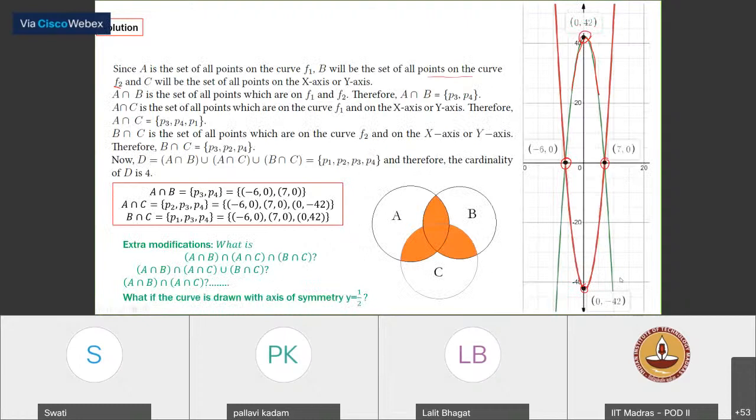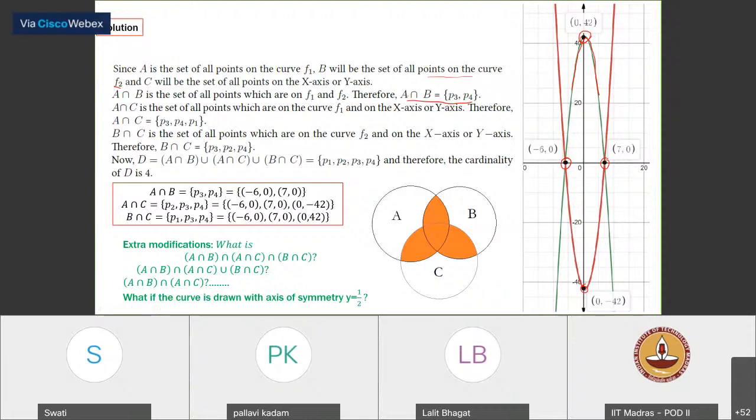Then we note down the A union B, A union C, or A intersection B. So A intersection B is equal to P3, P4.